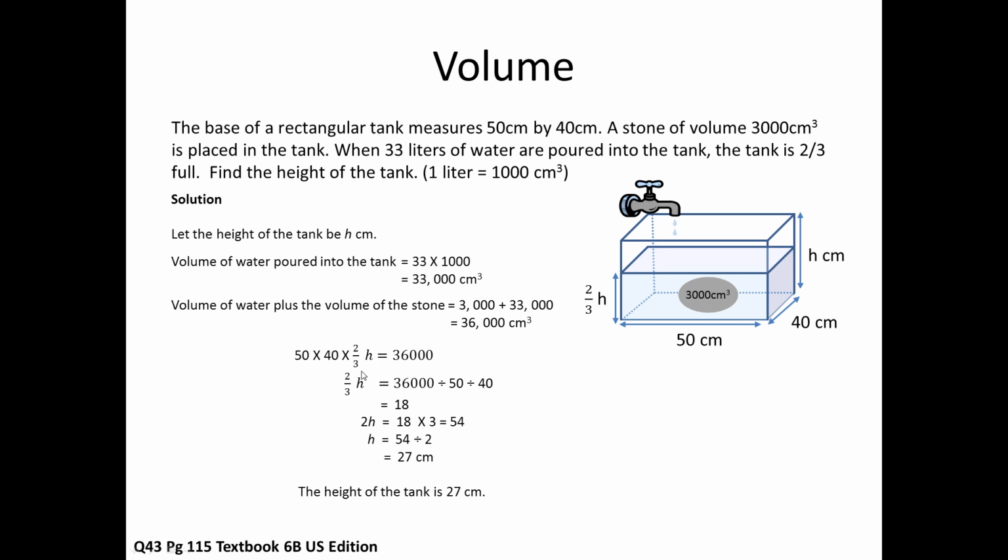The left-hand side is left with only two-thirds h because 50 divided by 50 is equal to 1, and 40 divided by 40 is equal to 1. So therefore, 1 times 1 times 2 over 3h is just 2 over 3h on the left-hand side. But on the right-hand side, I have to take 36,000 divided by 50 divided by 40.